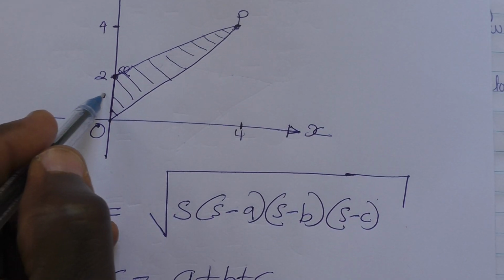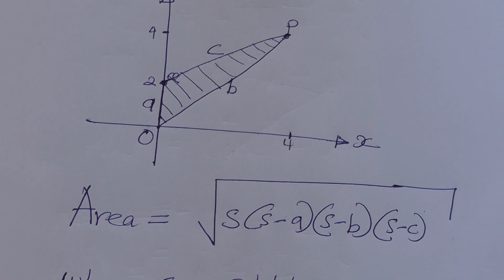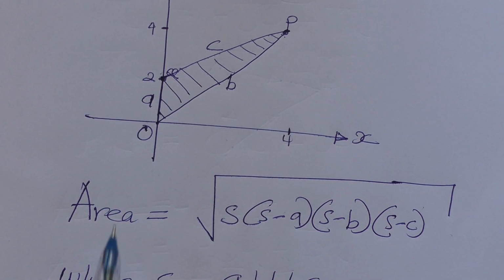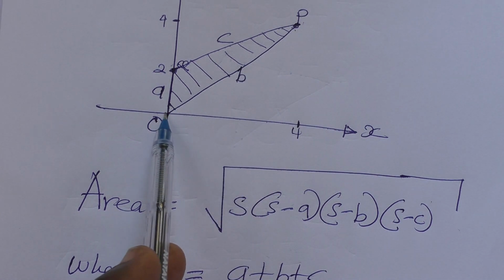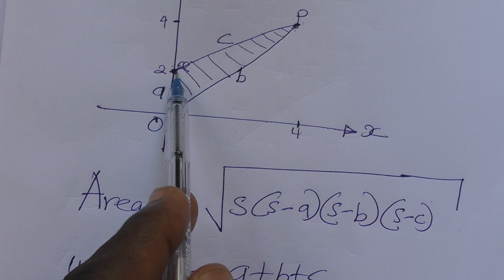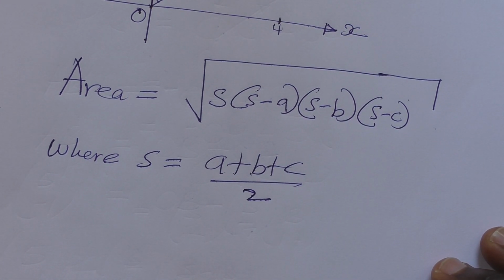So this can be our A, B, and C. So that means that to get the area of OPQ, we must get the length of OP, length of OQ, and length of PQ. Then we use this formula to get the area.